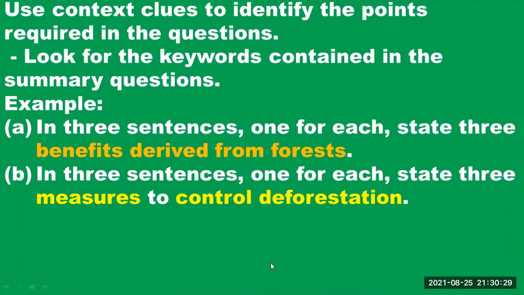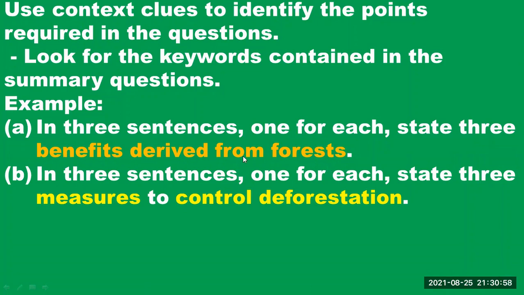Now, just as in the comprehension section, in the summary section we also use context clues to identify the points required in the question. So here, when we look at the questions, we identify the keywords. Question A, for example, says, in 3 sentences, one for each, state 3 benefits derived from forest.